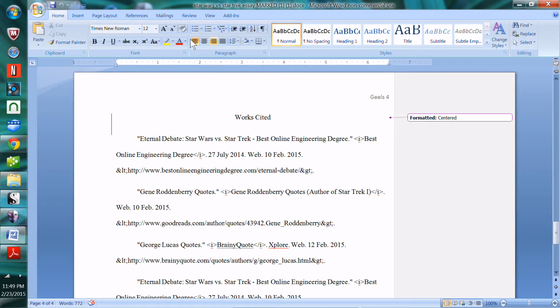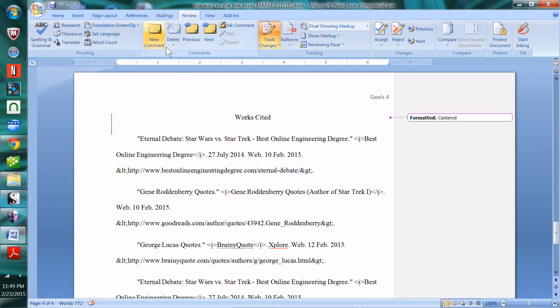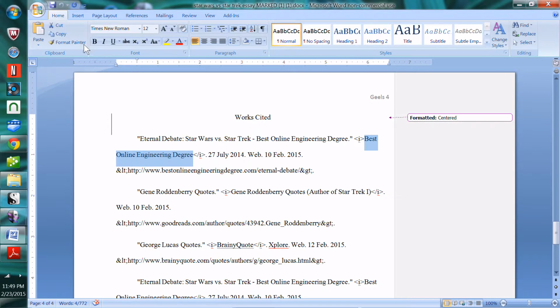Let me go ahead and get my review going here and track my changes so I can send it back to you. And so what we really need is we need this to be italicized, and then delete these little things. We do need that period there. Let me just backspace here.